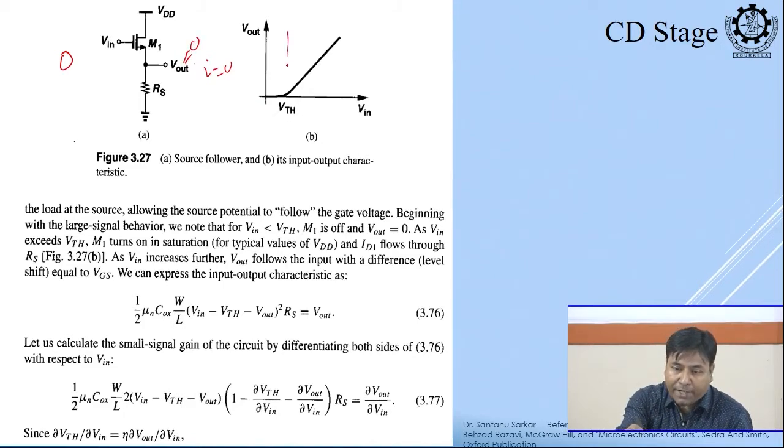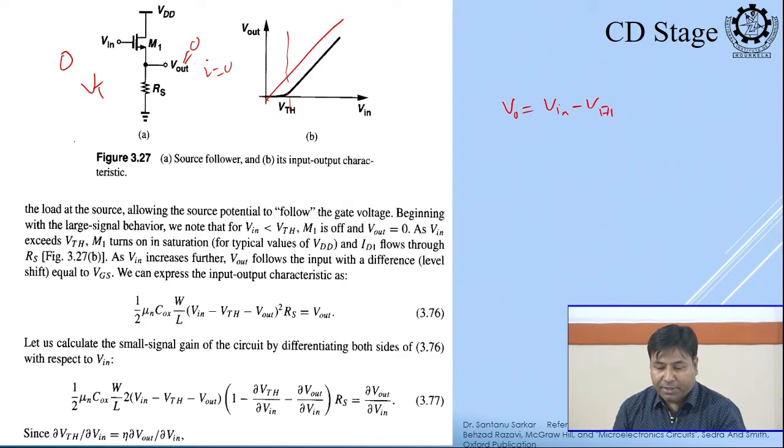After what does it start building up current? After Vt. So, it is like a phase shift, this is DC shifted. Input and output are nearly the same, nearly following, but the output is input minus Vt.